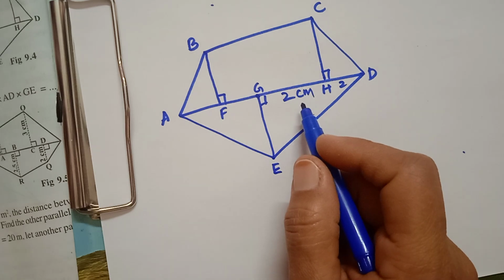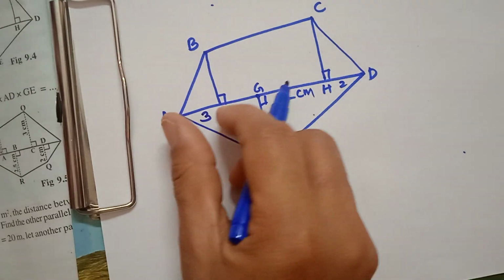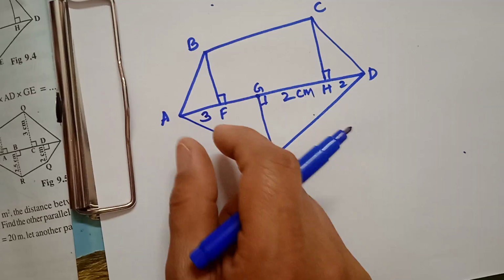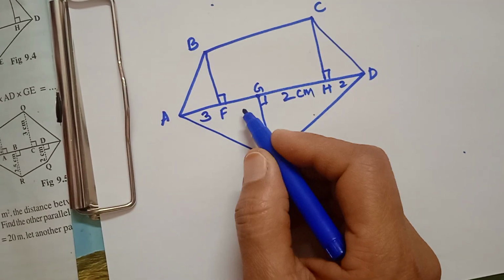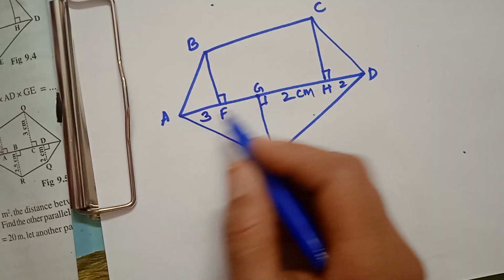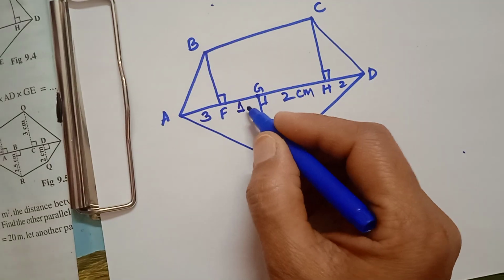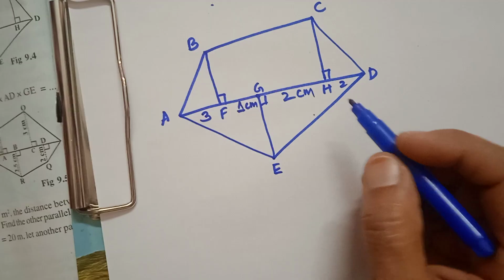Understood? Now next they have told AF is 3 centimeter. They have told that AG is 4 centimeter and now they are telling AF is 3 centimeter. Then what is this remaining FG? Yes, it is 4 minus 3, 1 centimeter. Now you calculate total AD in order to cross check.